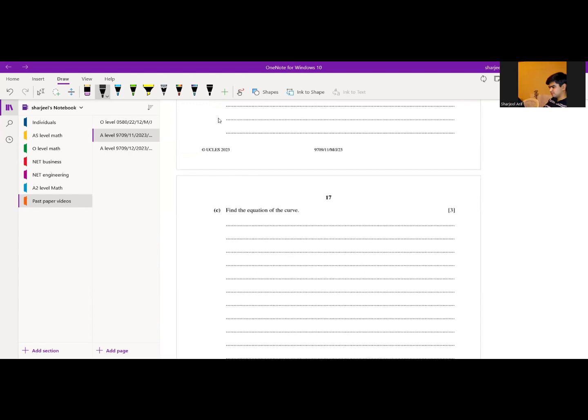Now for part C, we have to find the equation of the curve. So for this one, we have to take the integration of the given values. Just substitute the value of a here to get the equation. So now take integration, you will get y equals 6x cubed over 3, minus 30x squared over 2, plus 4x plus c. Just substitute the value of 4 and minus 15 here.